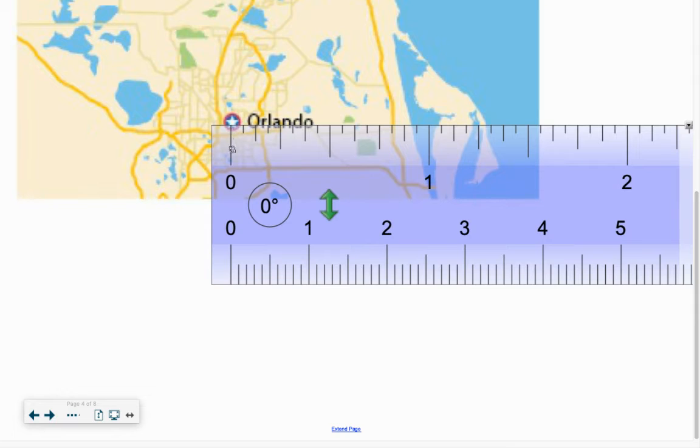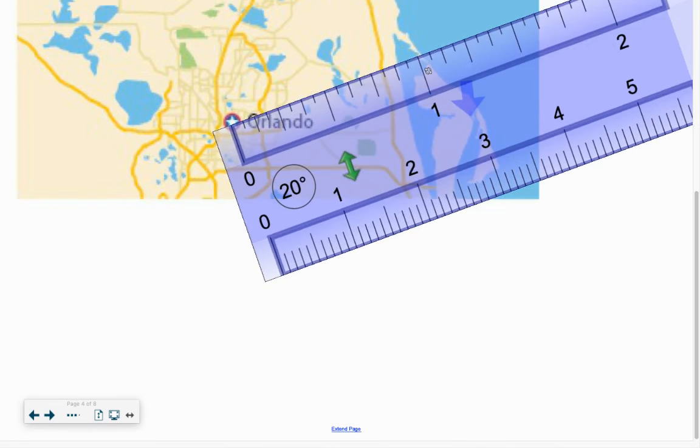So make sure the 0 of your ruler starts here on Orlando. Most rulers, if they're the paper ones I have in class, the 0's at the end. So that can make it tricky to get an accurate reading as the rulers get beat up and bent and shortened in all reality. But some of the rulers have a 0 that starts here. So wherever your 0 is, make sure it's on the spot that you want it on, and then line it up.